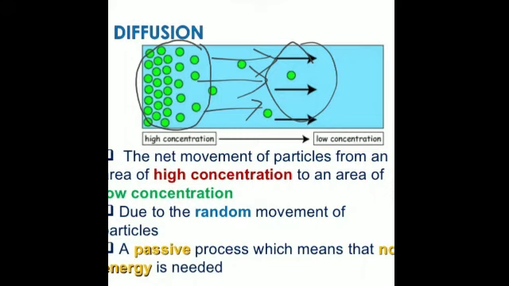That is the first step, entering the cell wall of the root cell, and the process involved is diffusion. This is a passive process. It does not require any energy.